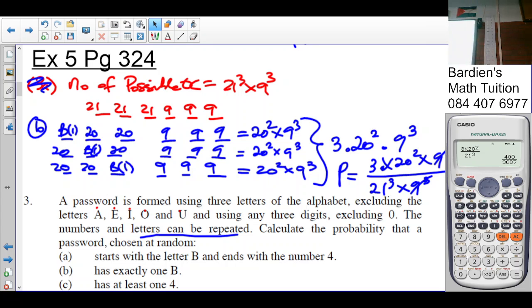Is that correct? The answer is 400 over 3087. 400 over 3087. Let's take a calculator away here quickly. You guys can see behind it.